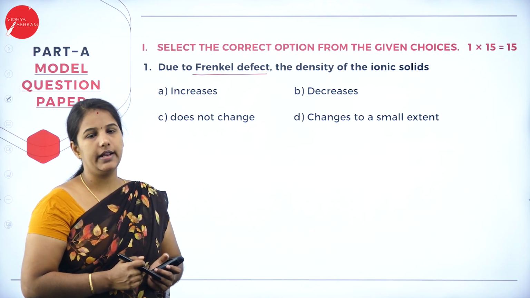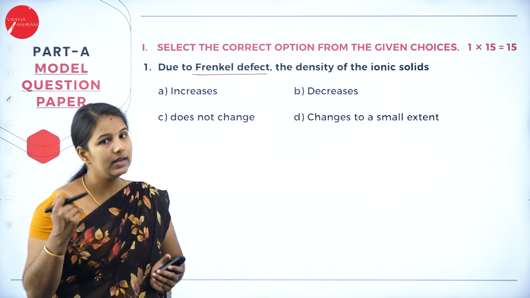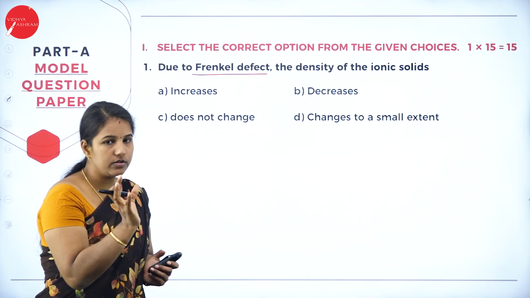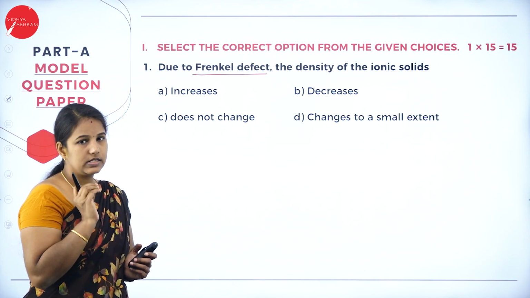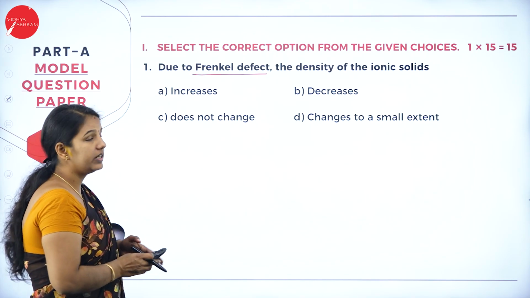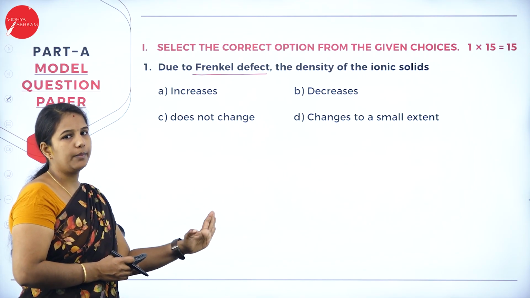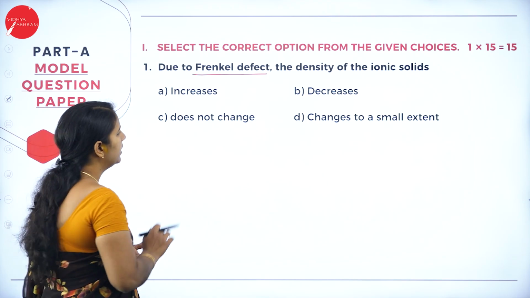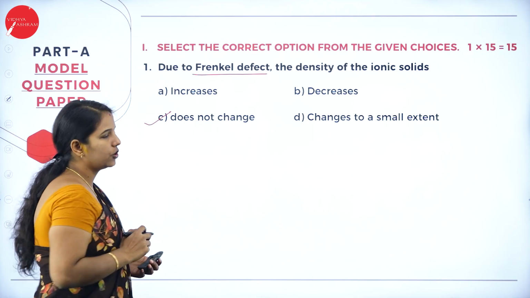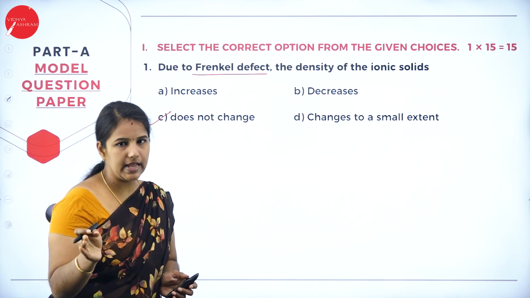Whereas in the Schottky defect, it is going to decrease. Okay, don't confuse with the defect that has been given. Understand which defect is given and what will happen to the density. So density does not get changed, it remains as such.